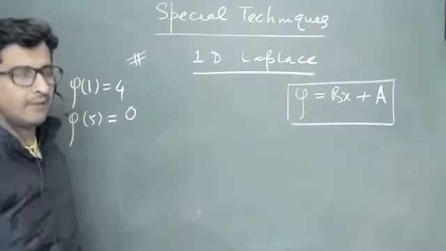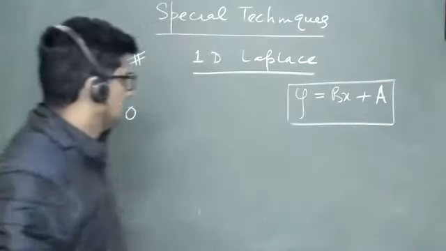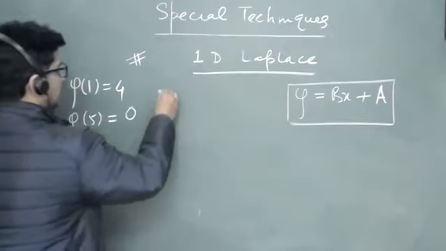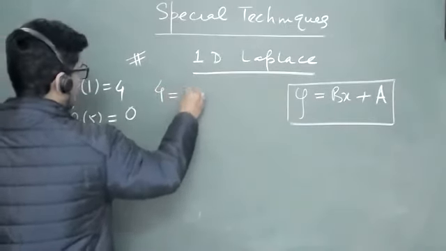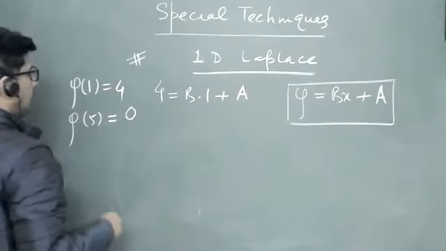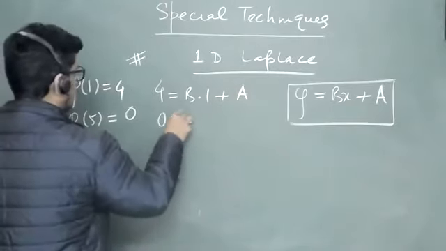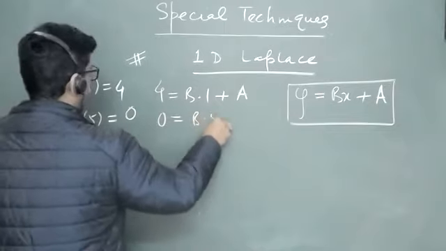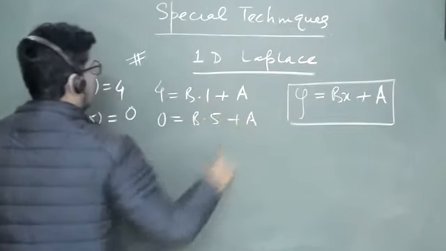Okay, apply quickly. φ of 1 is 4. So 4 = b·1 + a, and φ of 5 is 0. So 0 = b·5 + a. What are the values?